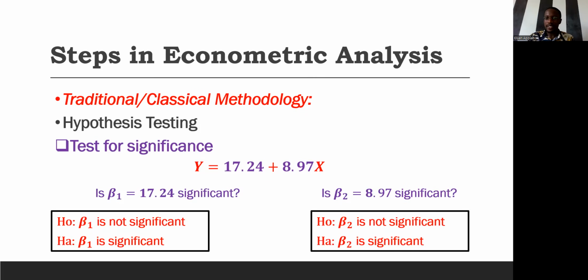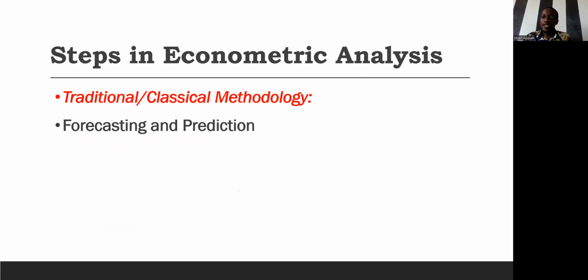So we formulate the hypothesis such that the null hypothesis will state that the parameter which we have estimated is not significant, but the alternative would mean it is significant. So in the end, if we end up rejecting the null hypothesis, then we know that the estimates that we have derived is actually significant.